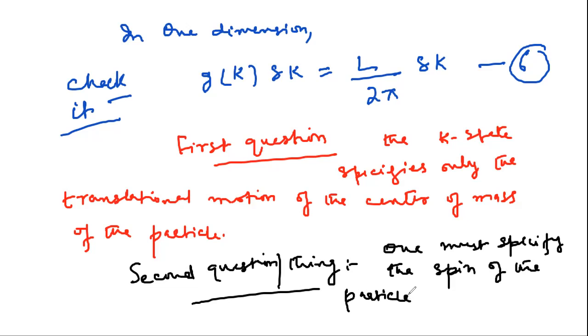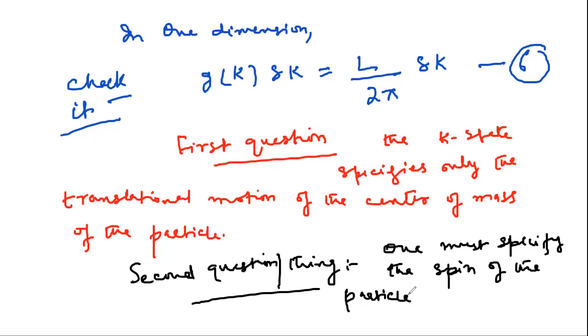For example, an electron with a particular spatial wave function and it is spin up is in a different quantum state from an electron with the same spatial wave function, but spin down, right? Similarly, for an electromagnetic wave, one needs to know not only its wave vector k, but also its polarization.